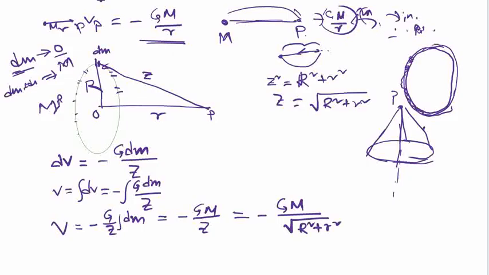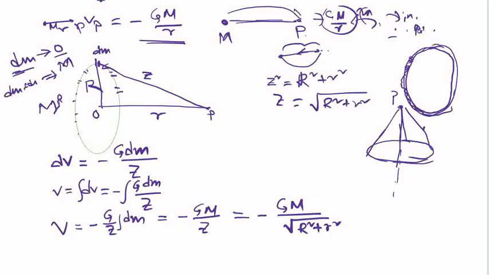So if I know some point which is at distance r from the center of a ring, I can calculate the potential of the ring as minus GM over the root of r square plus small r square. You guys may already know these formulas, but I'll just show you how to derive them through integration.